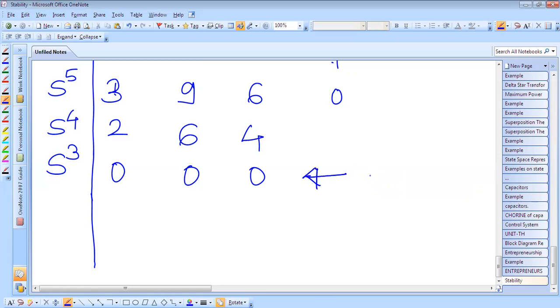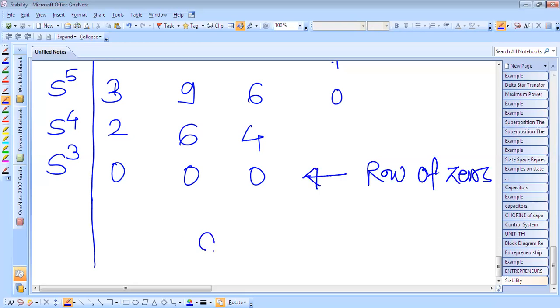We can see here a row of zeros. So when all the elements in any row of the Routh array are 0, then we have to form the auxiliary polynomial using the elements in the row just above the row of 0.